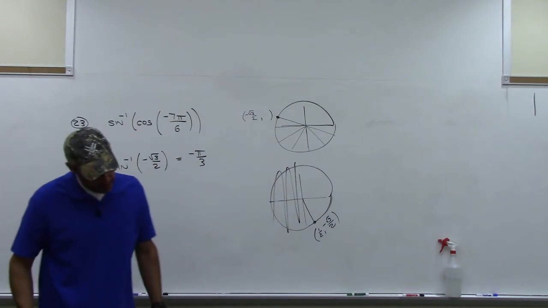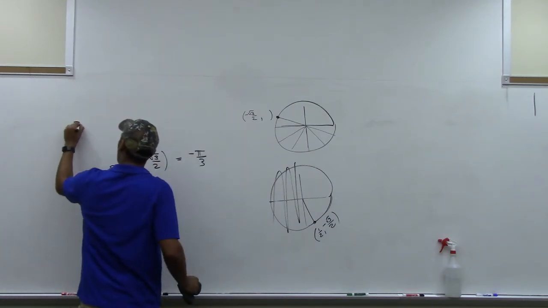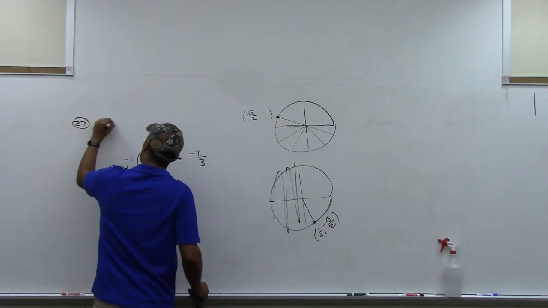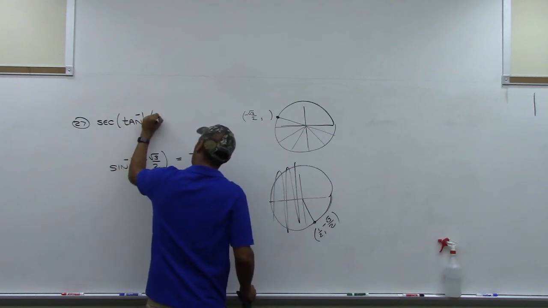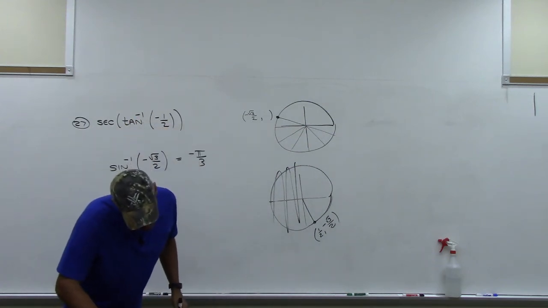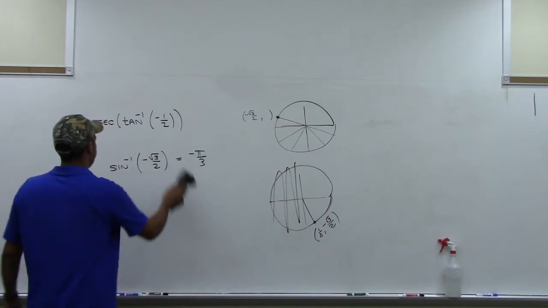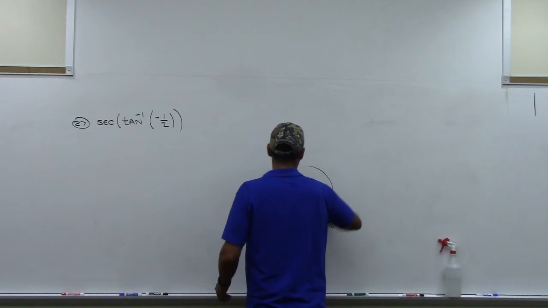27, secant of arctangent of negative 1/2. Okay, for this one, be careful.